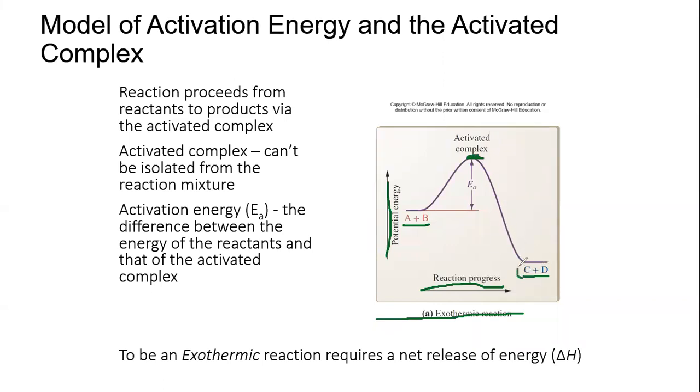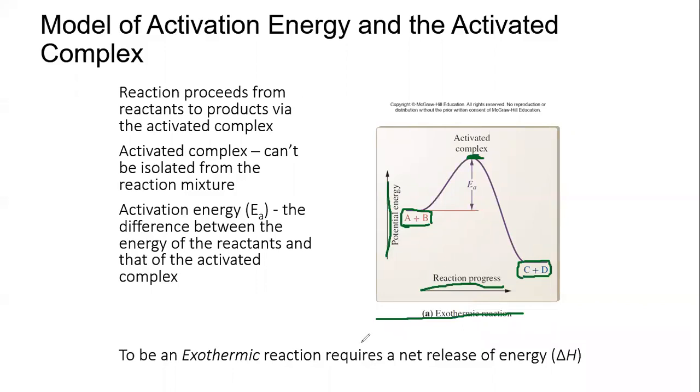Now, since the products are lower in energy than the reactants, this would be an example of an exothermic reaction. So heat is released based off of this energy diagram. At the peak of the energy diagram is where we have that activated complex. Again, since the products are lower than the reactants, heat is released, and this is an exothermic reaction.